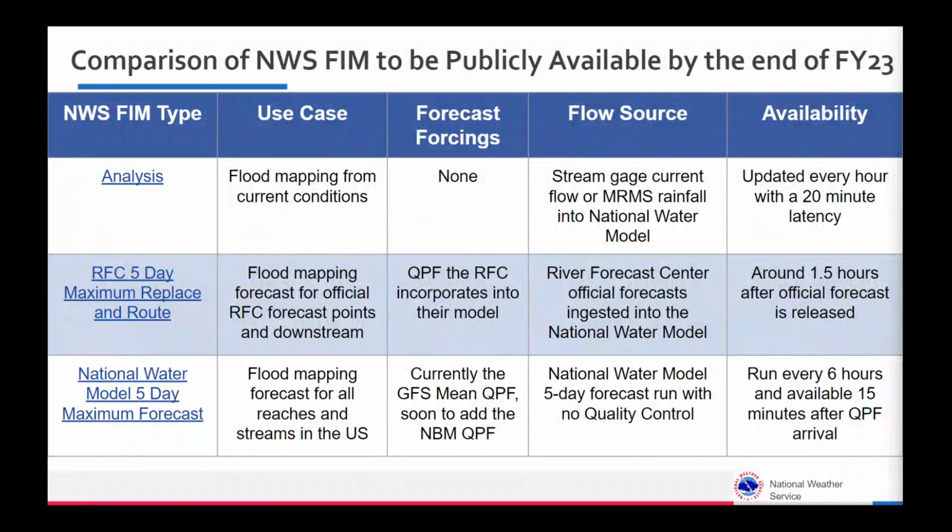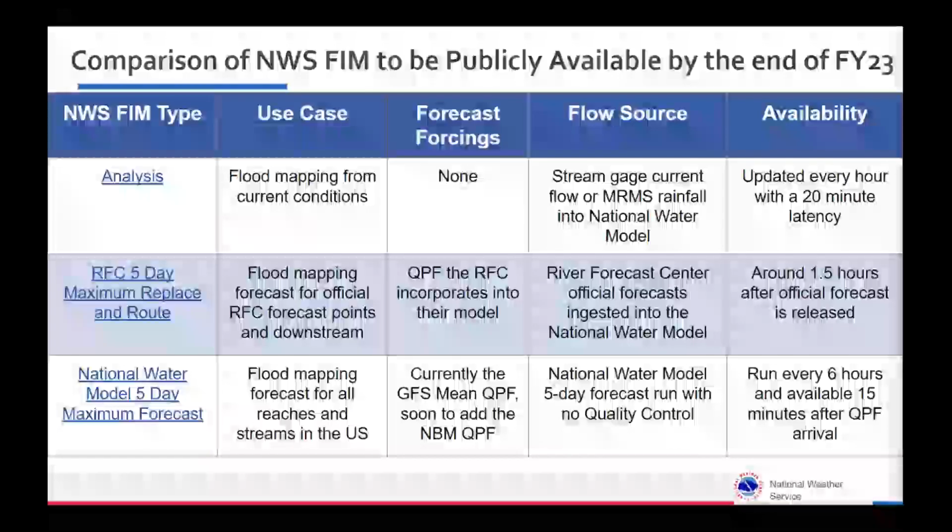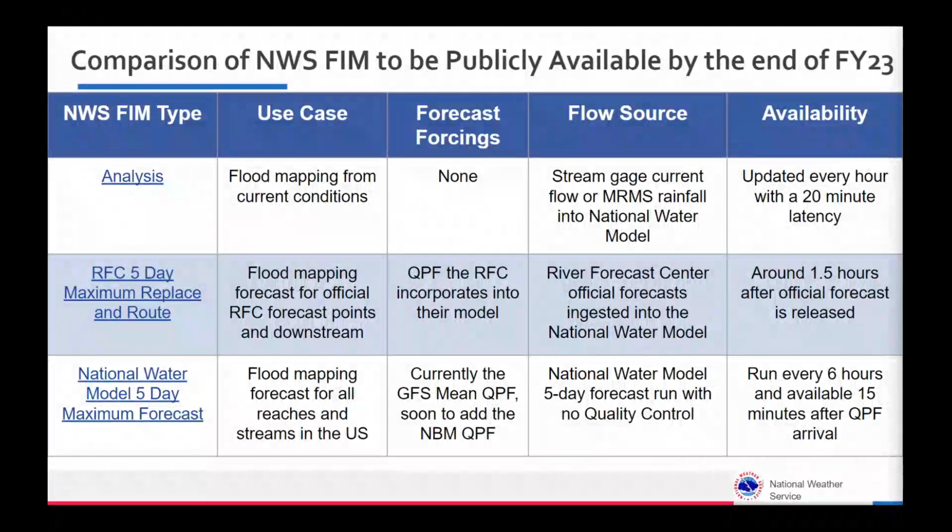And then lastly, there is the National Water Model 5-day forecast. This one is the version that's available everywhere. It will be available for every stream and reach across the country that the National Water Model models for.